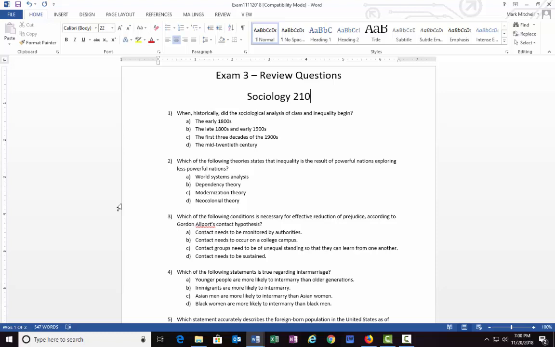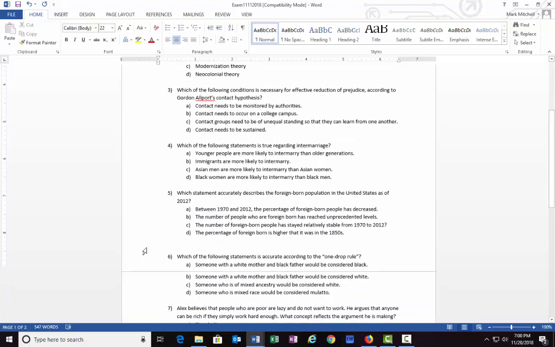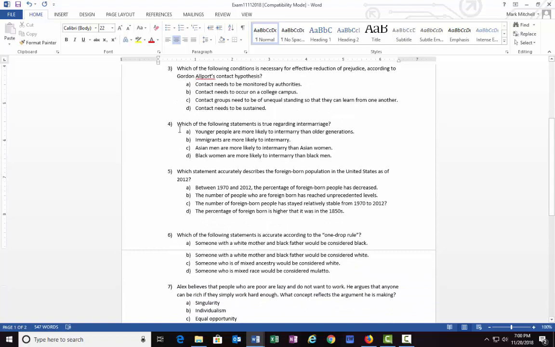Number 3, which of the following conditions is necessary for effective reduction of prejudice according to Gordon Allport's contact hypothesis? So again, straight from the textbook, if you remember that contact hypothesis, you remember that is a way to reduce prejudice. And again, the theorist behind it is Gordon Allport. He's also a psychologist. But what's the correct answer?